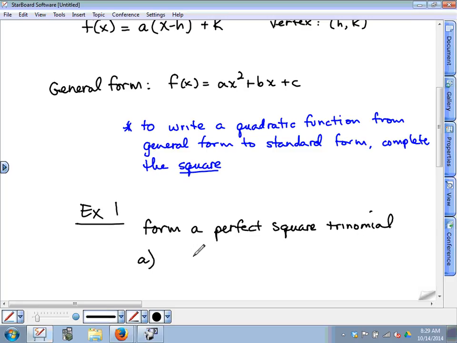So for part A, if I give you half of it, like y equals x squared plus 16x plus blank, what value would form a perfect square trinomial? Which is 64. What do you guys think?